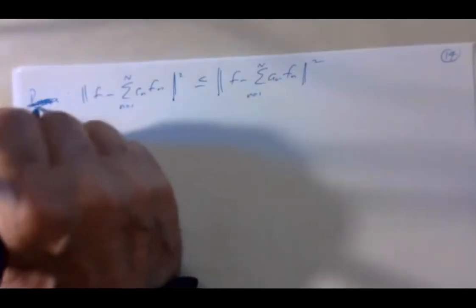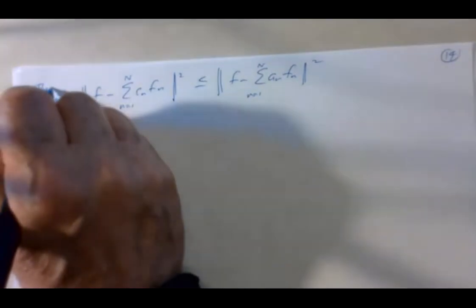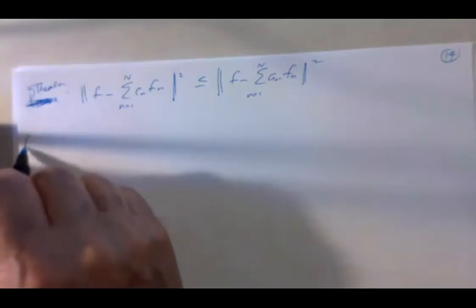So the proof is a nice calculation, which goes as follows. This is the theorem, and this is the proof.